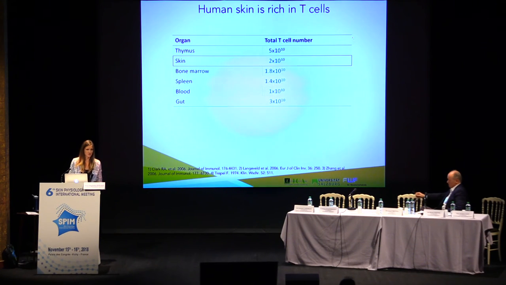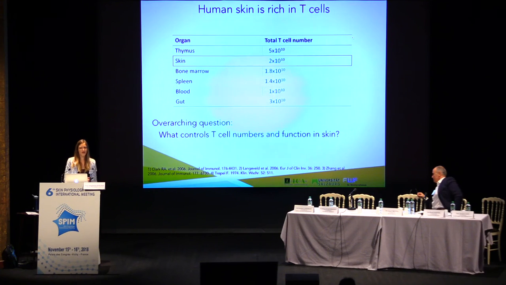Additionally, it has been shown that skin-resident T cells are able to lead to a full-blown immune response, even when we cut the supply of fresh T cells from the blood. So these huge numbers and their distinct function lead us, like many other skin researchers, to the overarching question of what are the factors that control these T cell numbers and function within human skin.